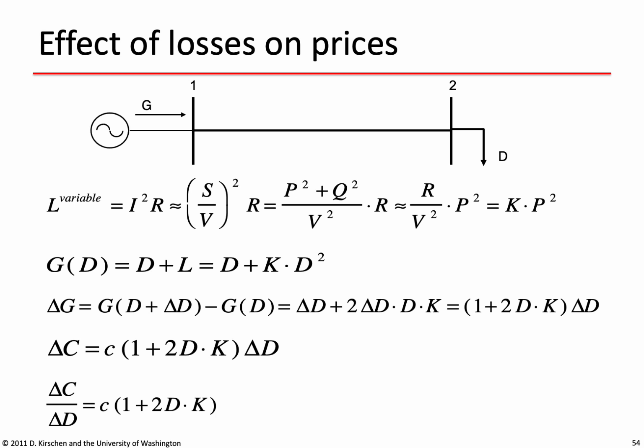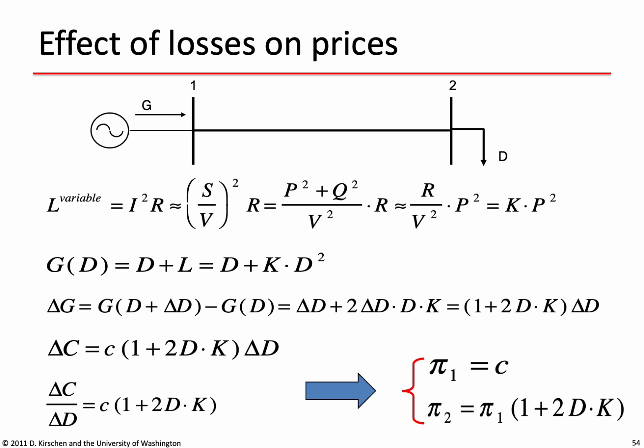So in this system, if we don't have congestion, but we consider the losses, the price at bus 1 will be little c, while the price at bus 2 is the marginal cost of producing power for an increase of load of 1 megawatt.